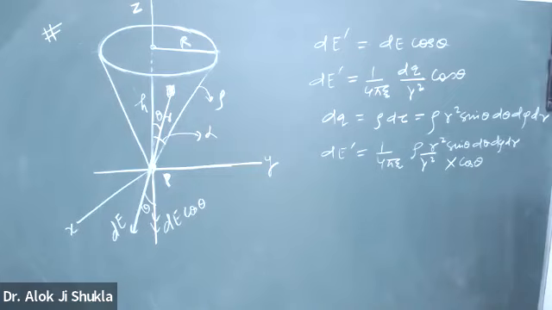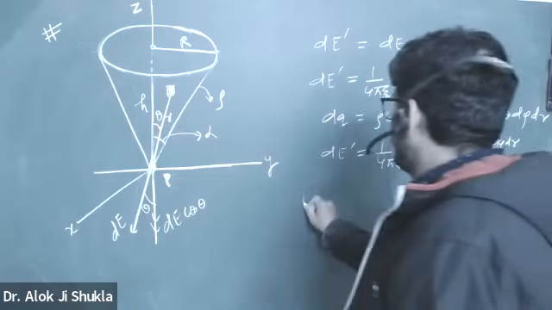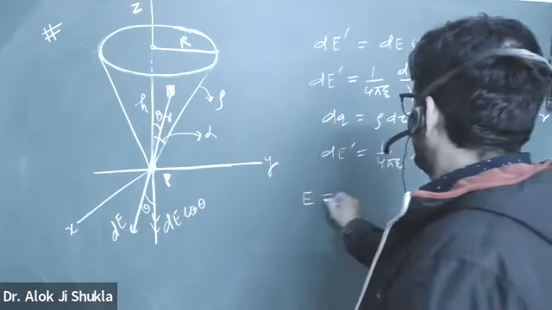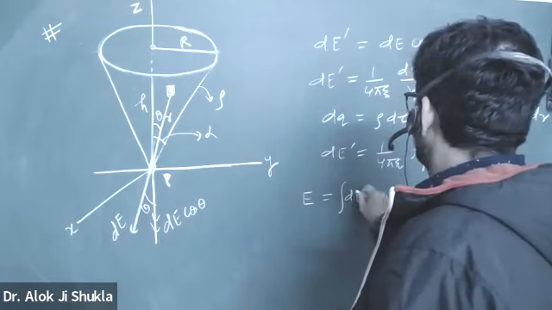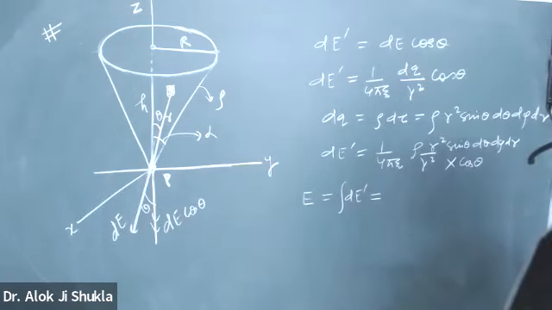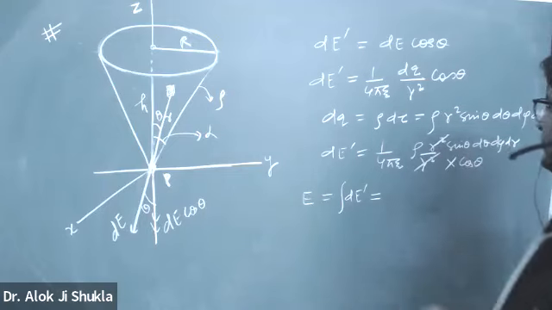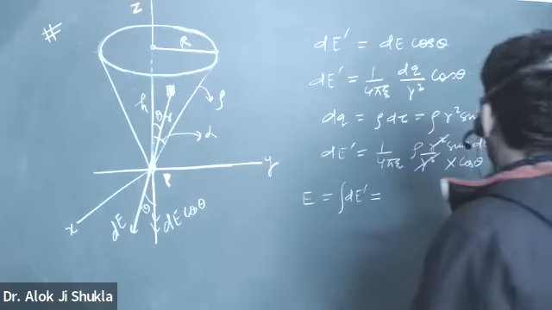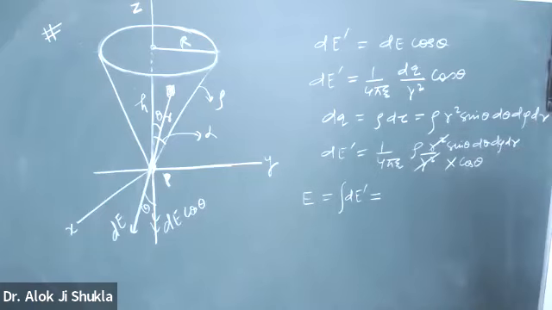Yes, sir. So electric field E will be, now direction is fixed, so we can integrate. It will be integral dE dash, which is, so this r will be cancelled now. So integration will be, phi is not a problem.